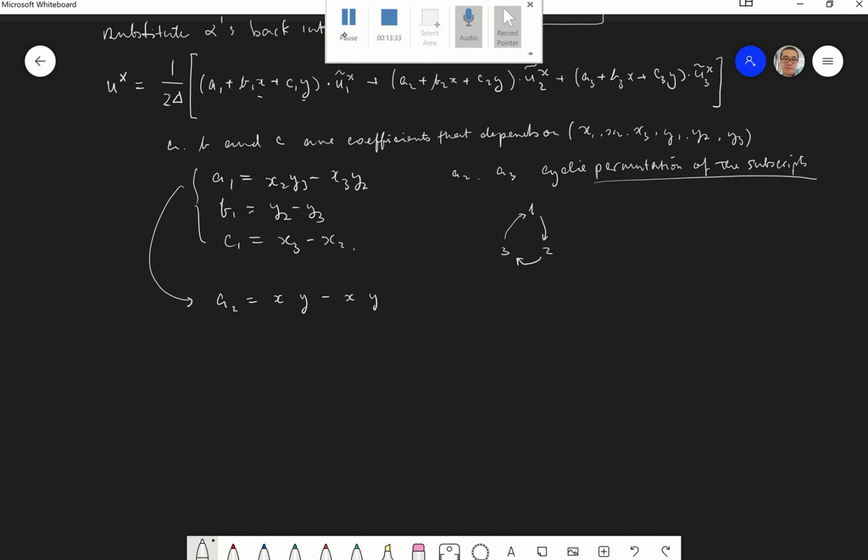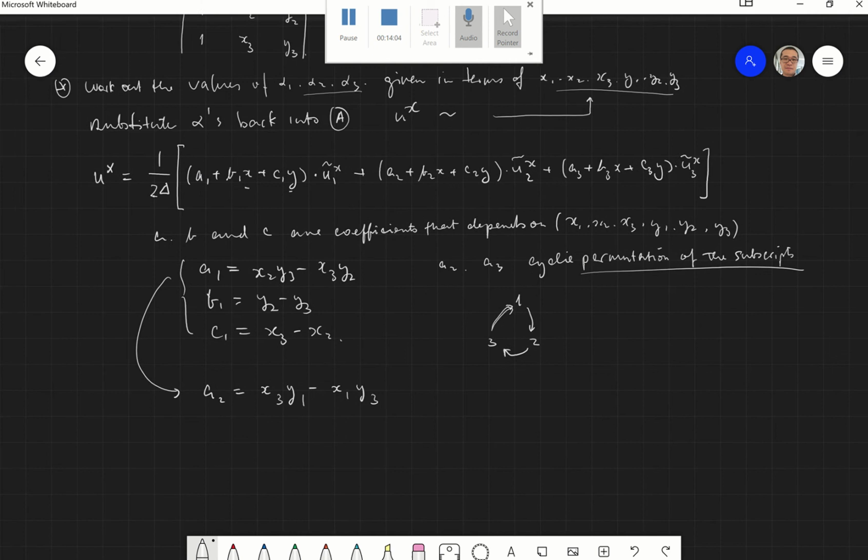Now the subscript in this equation is 2, right? So 2 goes to what? 3 in this cyclic permutation. So here 2 goes to 3, 3 goes to 1 in this direction. So 3 goes to 1 and 2 goes to 3. So that's how you will work out the value of A2, and so on and so forth.